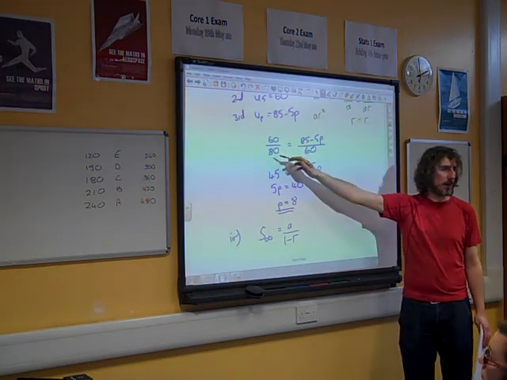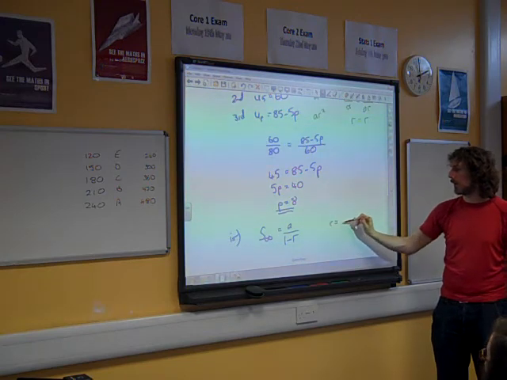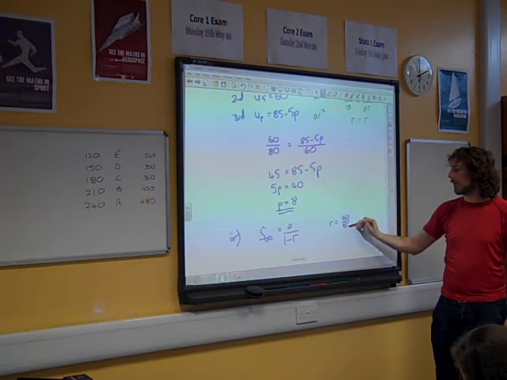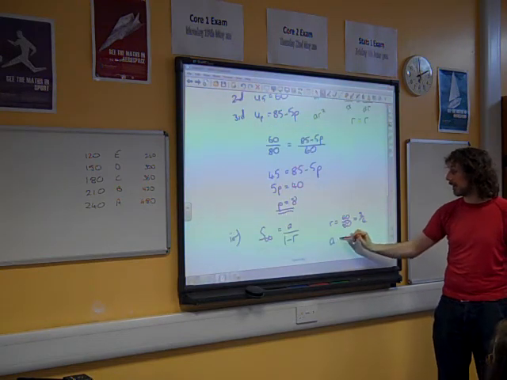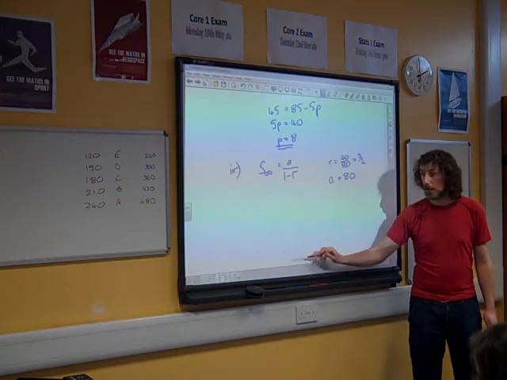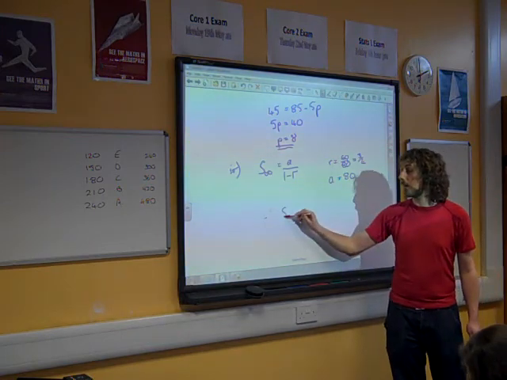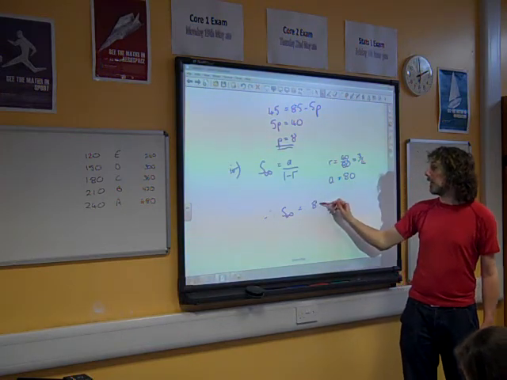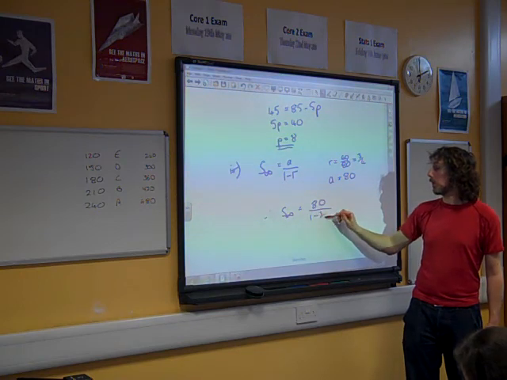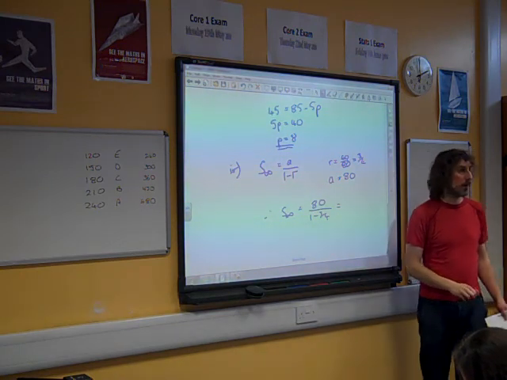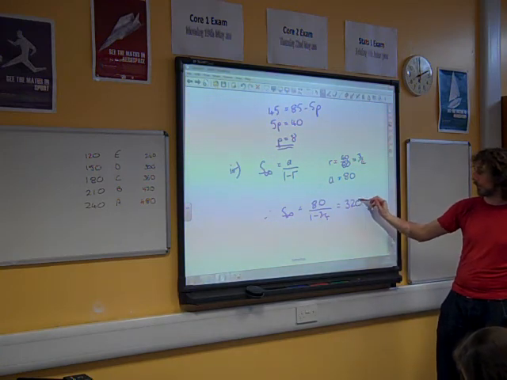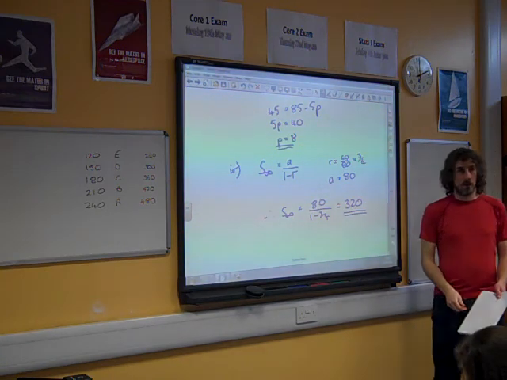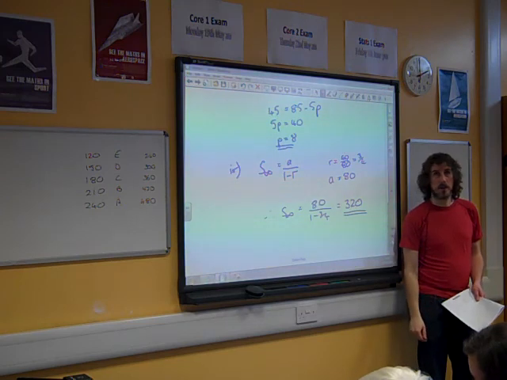That's r, 60 over 80, which is 3/4. The first term of this geometric progression was 80. So the sum to infinity is 80 over 1 minus 3/4, which would be 320. There we go.